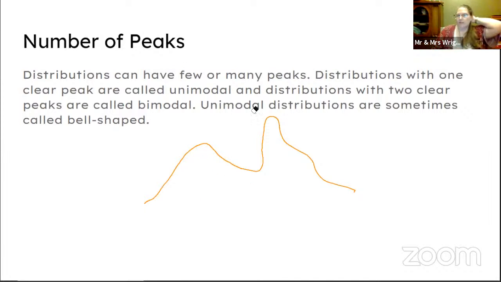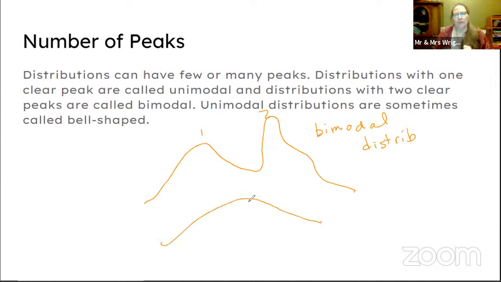Now, the number of peaks that it has is another identifying factor. So these are called distributions when you see it in a hill-like format, right? So this one has 1, 2 distinct peaks. Okay, so this would be a bimodal distribution.